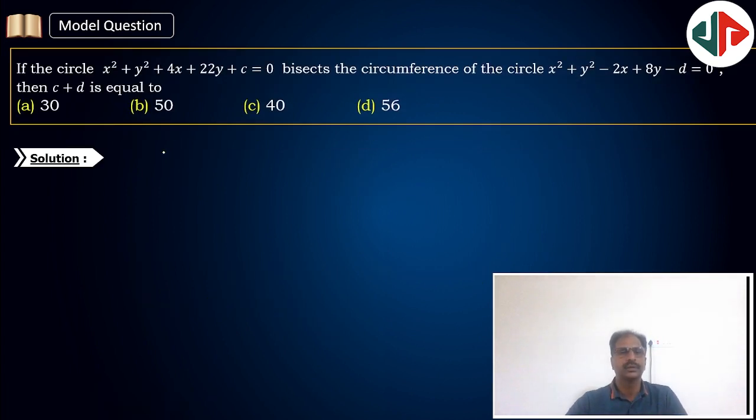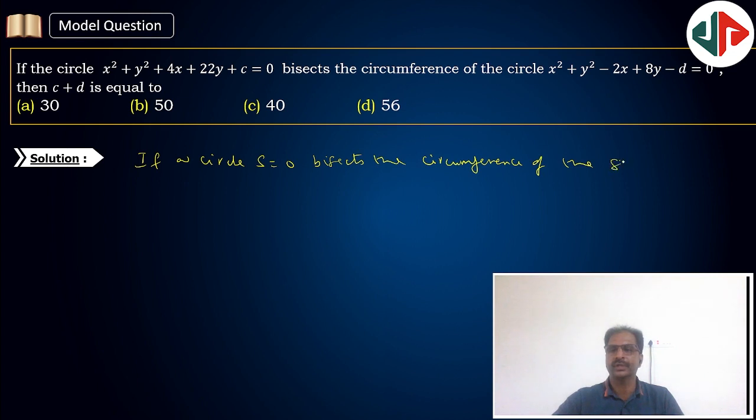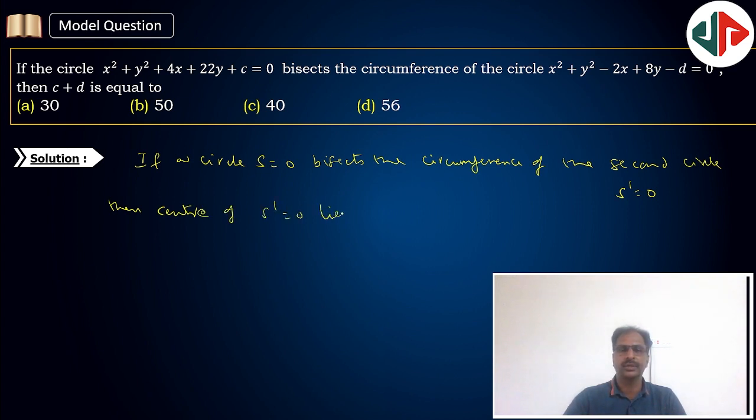Next. One circle bisects the circumference of the other circle, then what is C plus D? If a circle S is equal to 0 bisects the circumference of the second circle S dash is equal to 0, then the center of the second circle lies on the common chord.